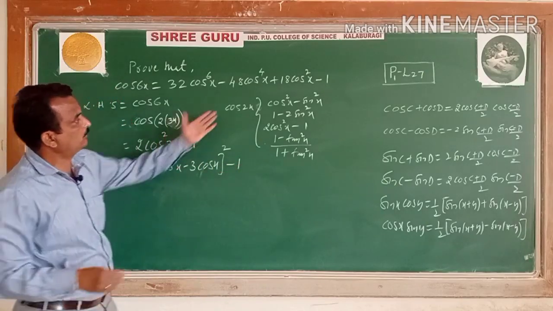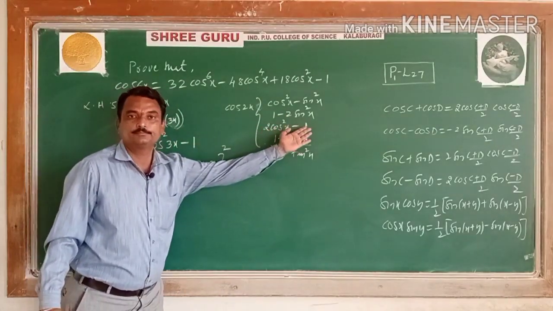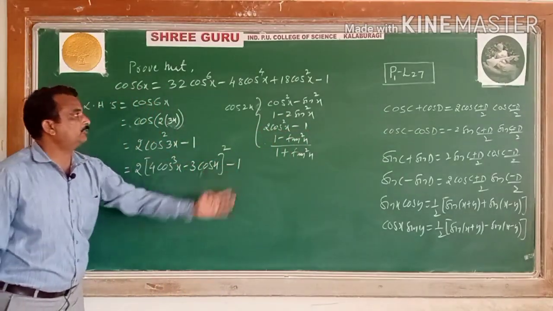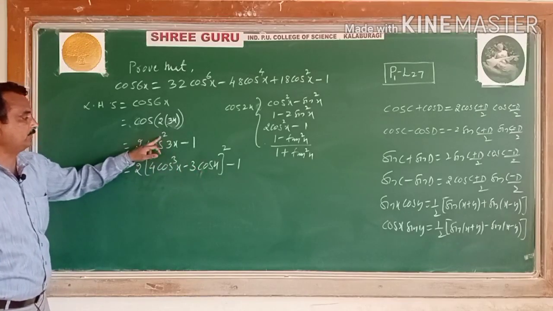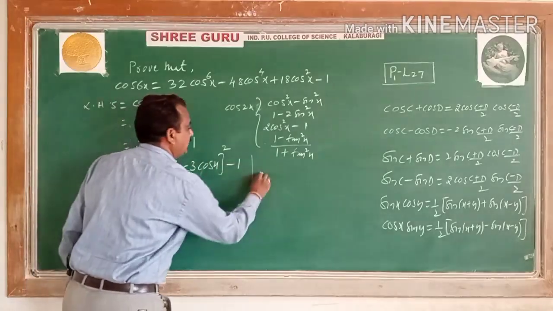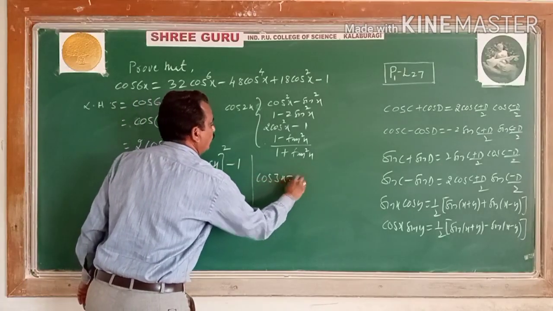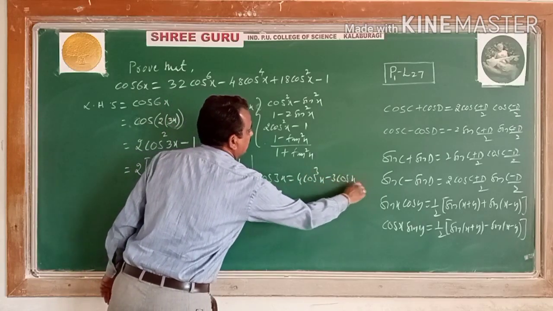You need minus 1 also. Therefore, we have taken the 2 cos square x minus 1 form. In terms of cos form, you need this minus 1 also here. Cos 3x is 4 cos cube x minus 3 cos x, square as it is. Is it clear to all of you? Cos 3x formula is 4 cos cube x minus 3 cos x.